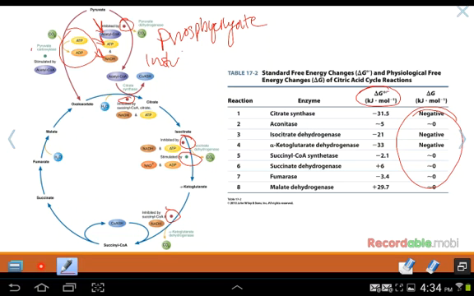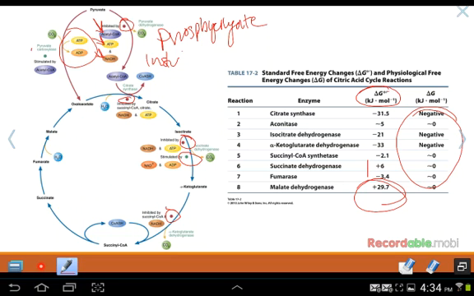All right, so your standard delta G values are here. So this is if everything is under standard thermodynamic conditions. We see that most of the reactions are either very negative or near zero. However, the malate dehydrogenase we see is actually very positive.